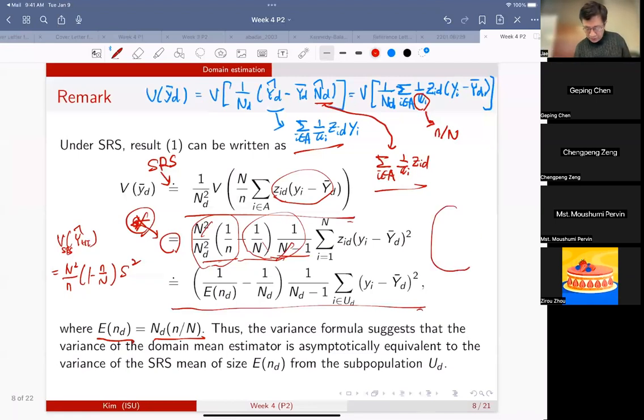So basically this is your original population, but this is your subpopulation, right? And then if you do simple random sampling, you're essentially selecting this. So you can view it as selecting this sample size from this population.